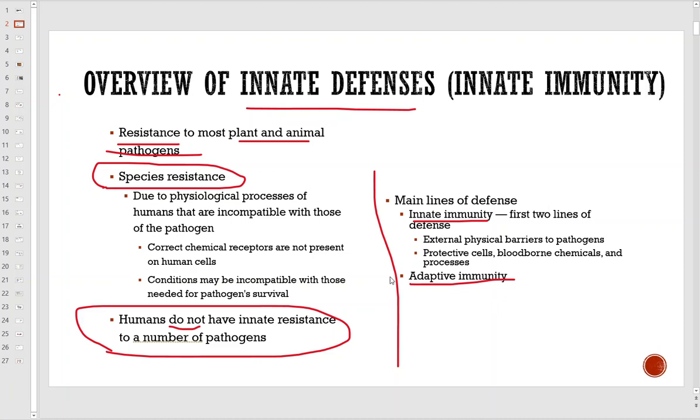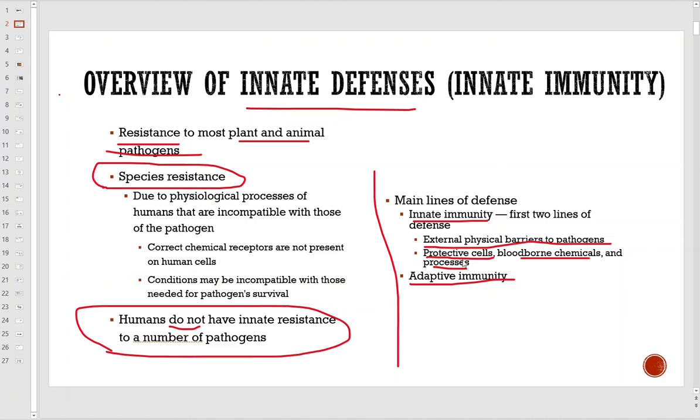Okay, as far as innate immunity, there are two lines of defenses. First is simply the physical barriers. The skin and the mucosal membrane are actual barriers keeping the bad guys out. In addition to these, we have some cells and chemicals in our blood and different processes going on which will be triggered by any bad guy that attempts to enter into our body.